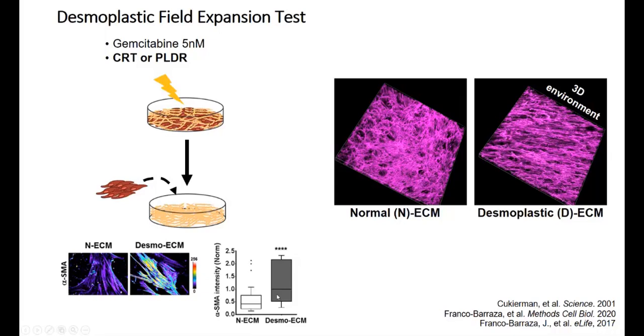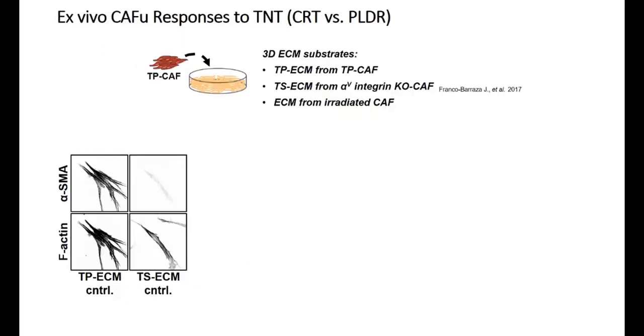And with this technique that we already did, we know that the matrices can either trigger the activation of fibroblasts to become from quiescent to active fibroblasts, or if they are already active fibroblasts, depending on the matrix, this can sustain this phenotype or can revert it. So, these are the results that we found.